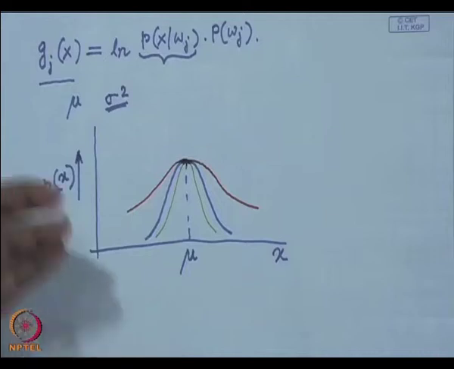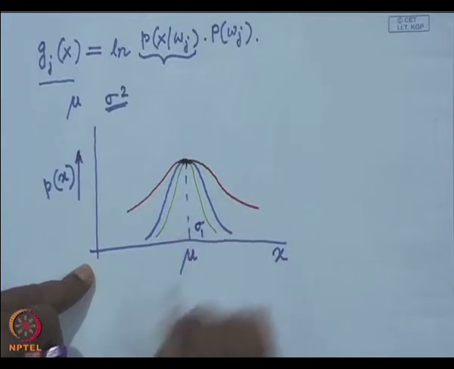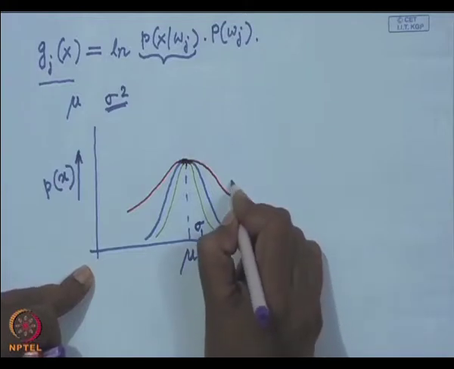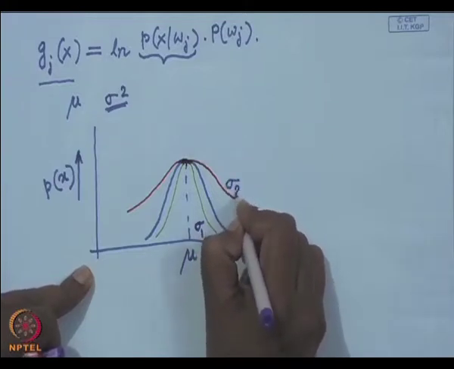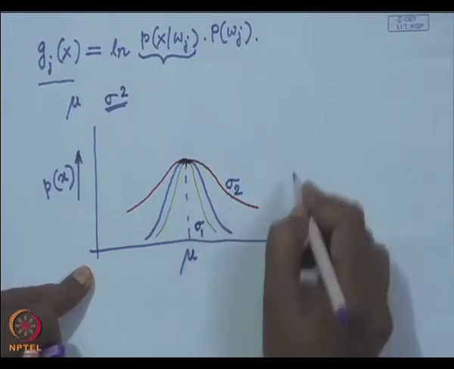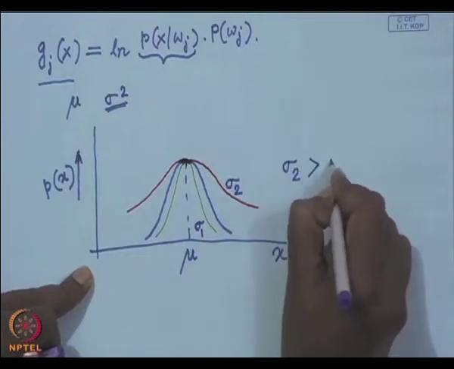So, if this curve is for sigma 1, where sigma 1 is the standard deviation and sigma 1 square is the variance, and this is the curve for sigma 2, mean value mu remaining the same, this indicates that sigma 2 is greater than sigma 1.